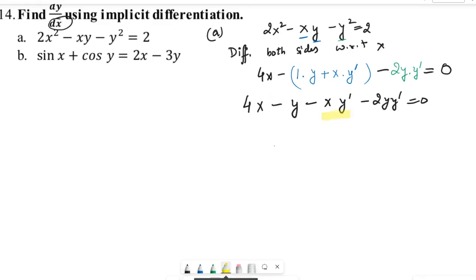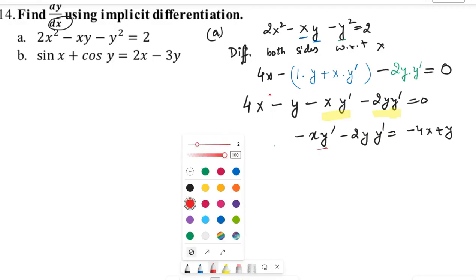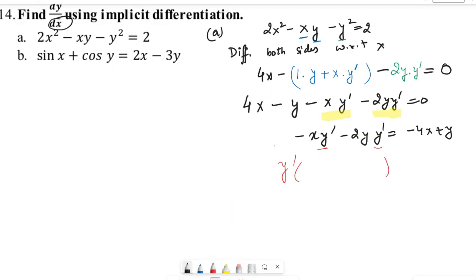We need to highlight the terms which have y prime in them, so keep them on this side. Take 4x and y on the other side, so negative 4x plus y. If you notice, y prime is in both of the terms, so you can factor y prime out. What's left inside? Negative x minus 2y is equal to negative 4x plus y.